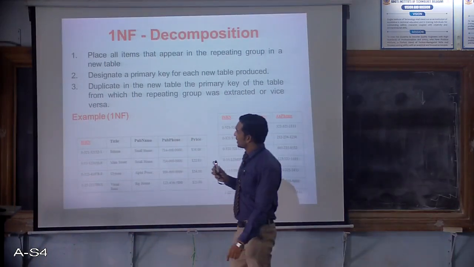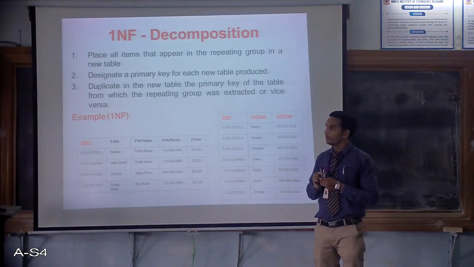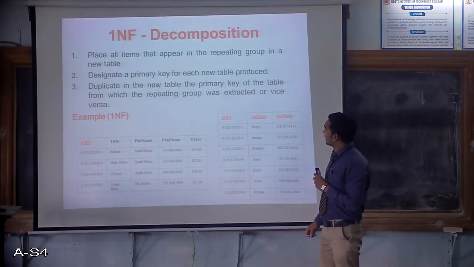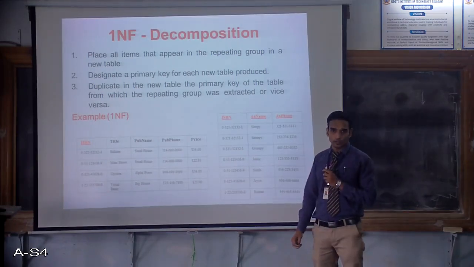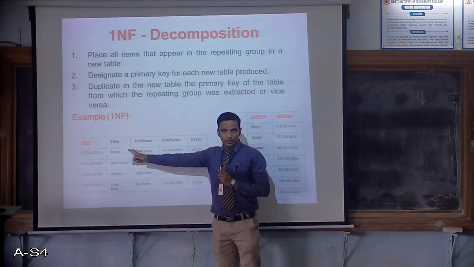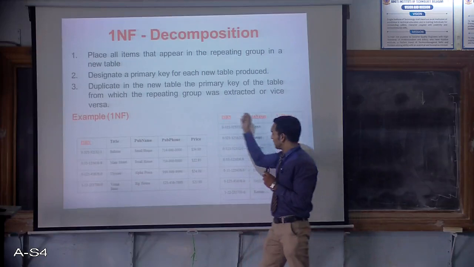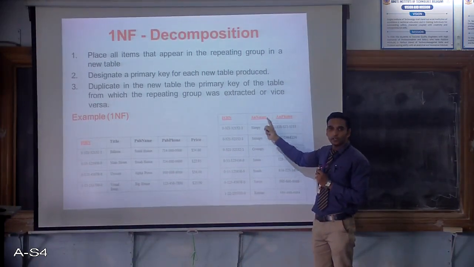What does the second rule say? Designate a primary key for each new table produced. Duplicate in the new table the primary key of the table from which the repeating group was extracted, or vice versa. So from the main table, author name and phone number were repeated, so I took them out and placed them here. Now designate a primary key.